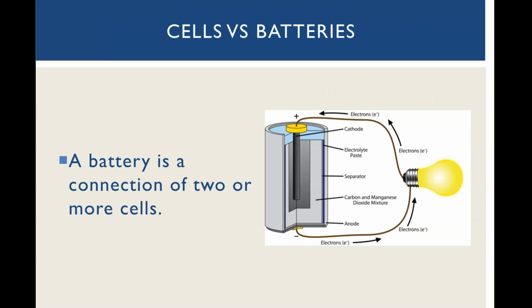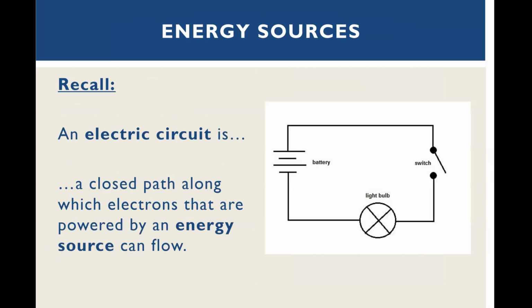Okay, and let me just go back to this diagram. What you really need to know, most importantly, is that there are chemical reactions that take place within the cells that separate those charges, that force the electrons to move to the negative terminal of the cell or battery, and then the positive charges don't move, they remain there.